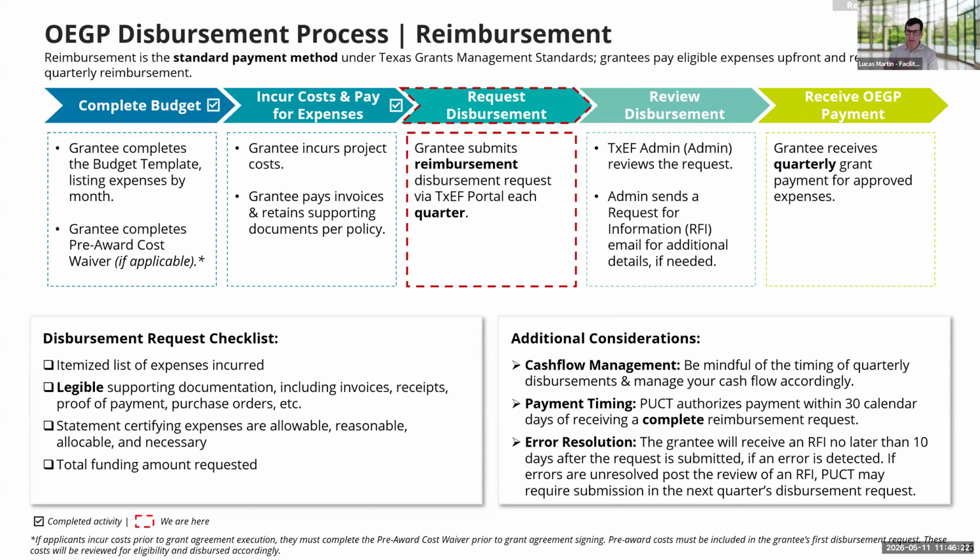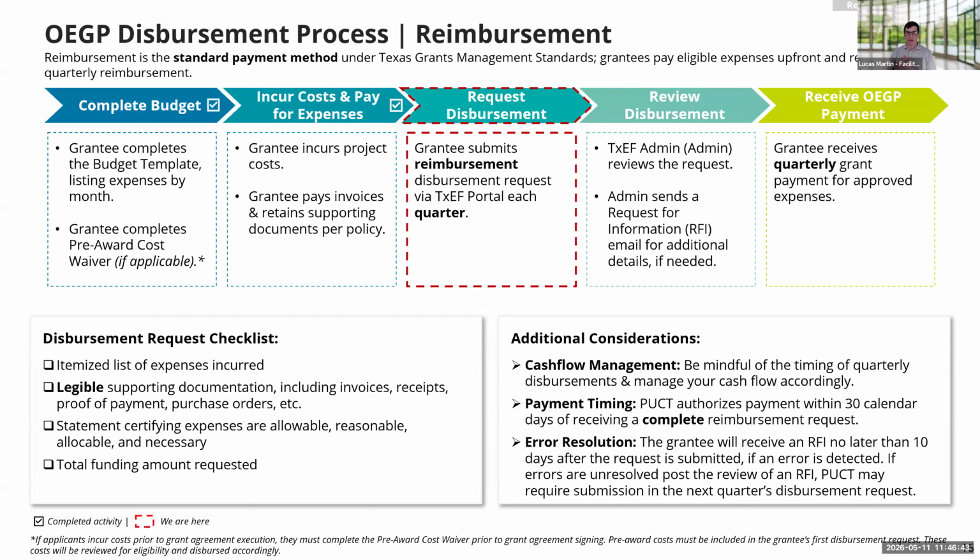So the plan is that you will incur costs and pay for expenses against those budgets related to your projects. The grantee, you all, will be paying the invoices and retaining the documentation related to those expenditures.